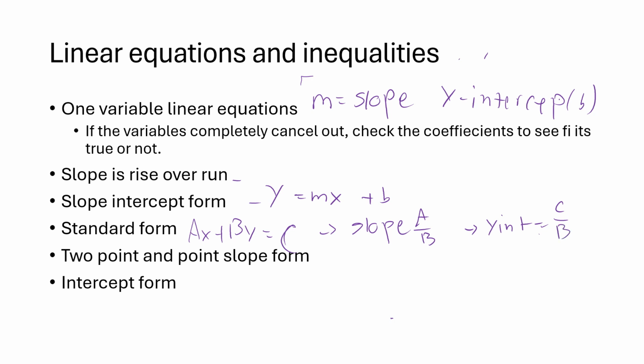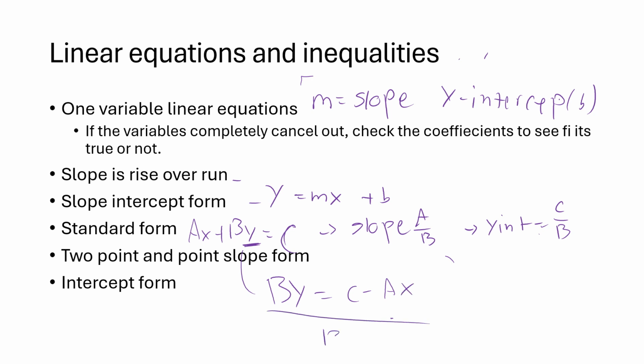From there, you can figure out y equals mx plus b. The reason you can find your slope is because first off, there's your y, so by equals c minus ax or something like that.